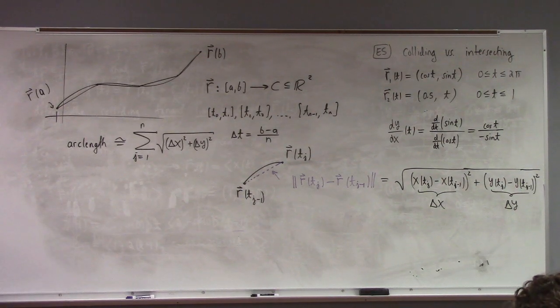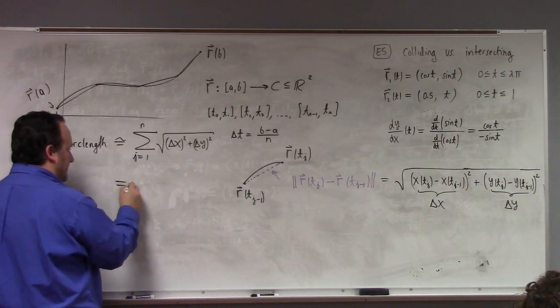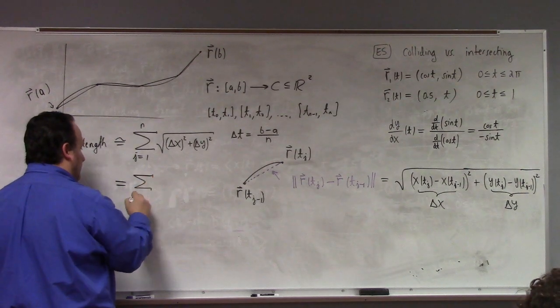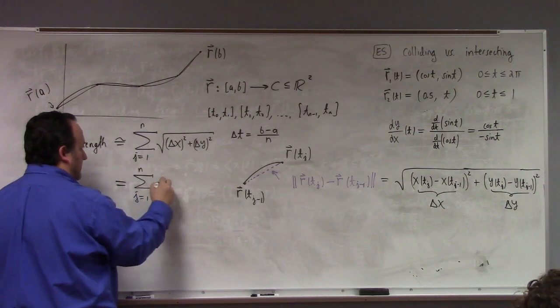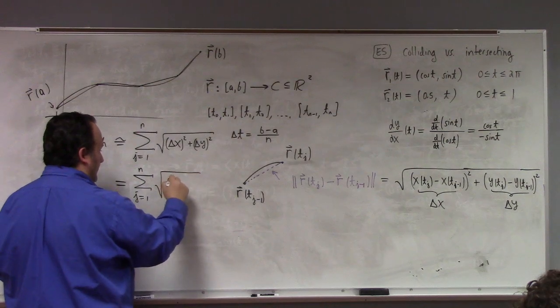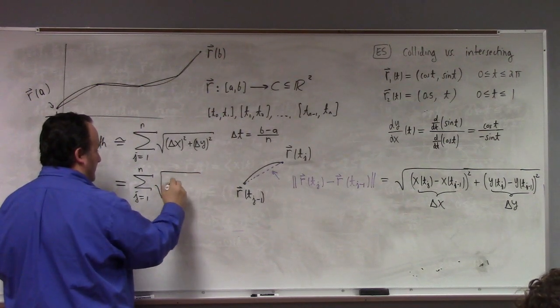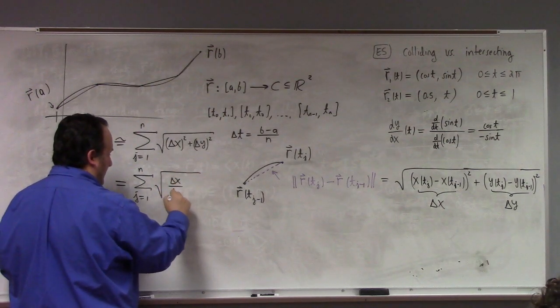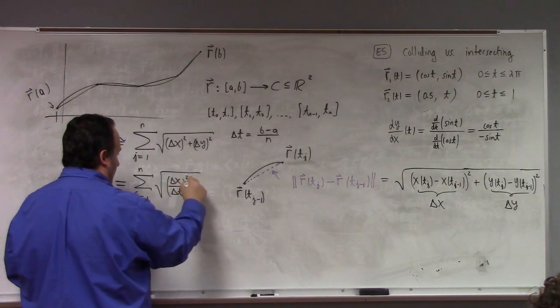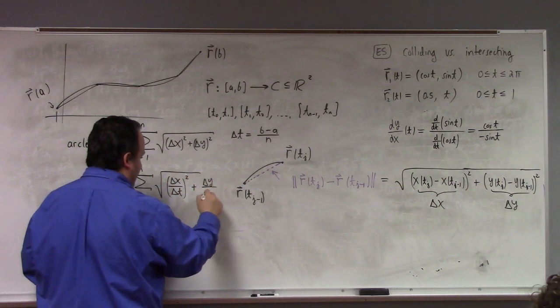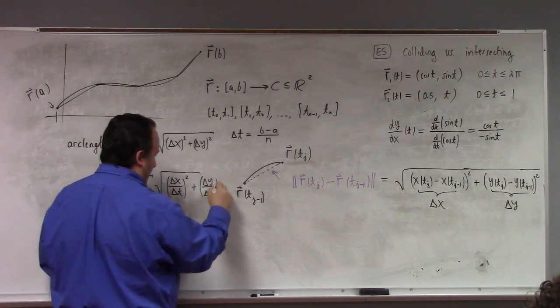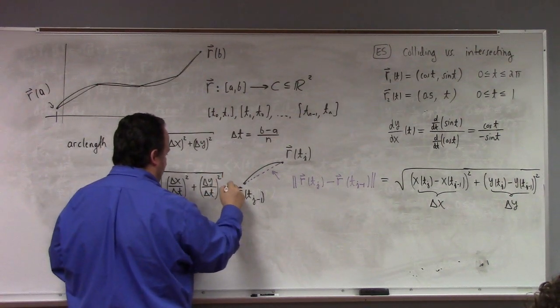So let me suggest this. We could rewrite this as the sum, j equals 1 to n, of the square root of (delta x over delta t) quantity squared plus (delta y over delta t) quantity squared, and pull out a delta t.